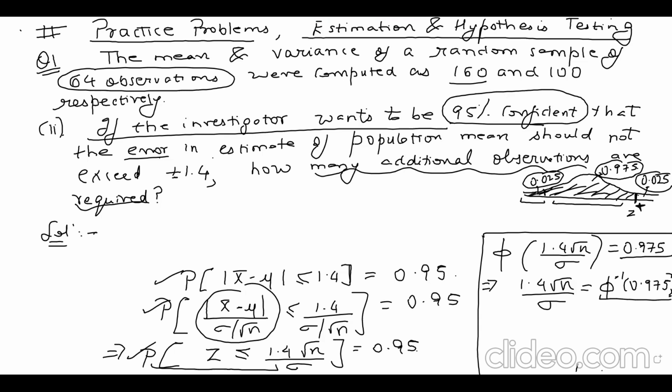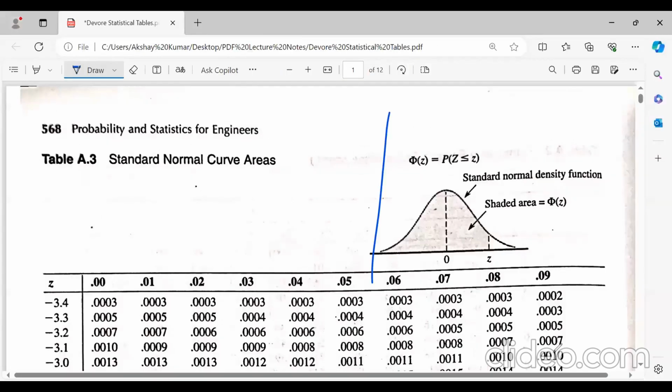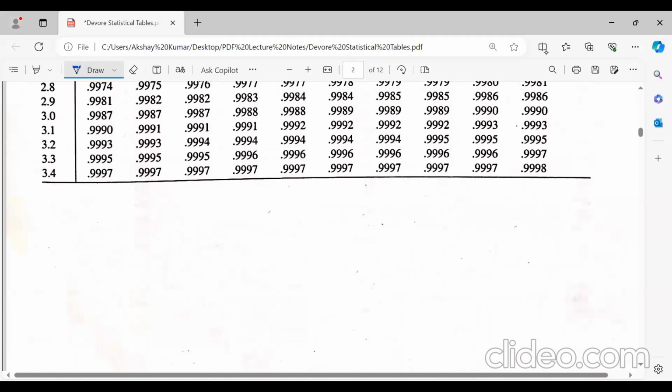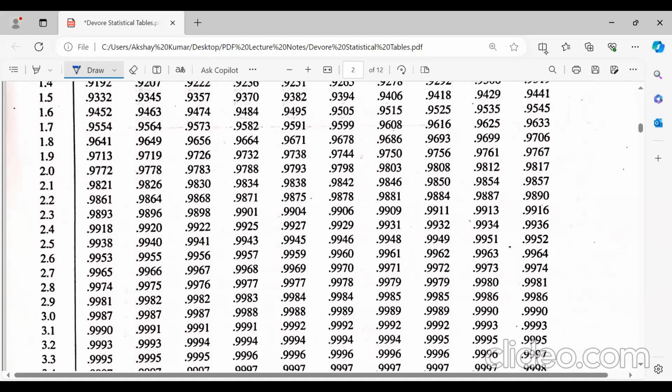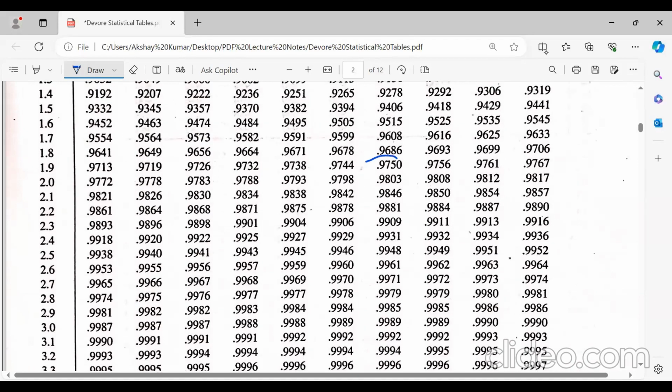Now from the Z table, I need to find how much is phi inverse of 0.975. So let's scroll down the Z table and figure out where 0.975 comes out. 0.975 is coming out here.